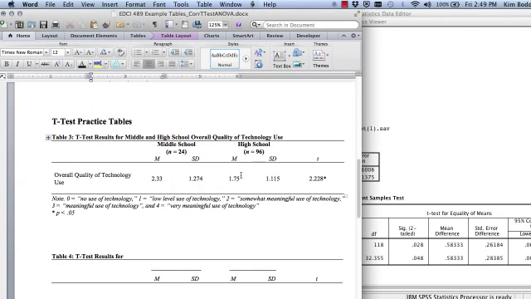So over here I put my t-value 2.228, and remember when I looked at my p-value, the significance value was less than 0.05. So I'm going to put one asterisk right here to indicate that it was statistically significant. Some folks asked in class, do we have to put this information in our table?